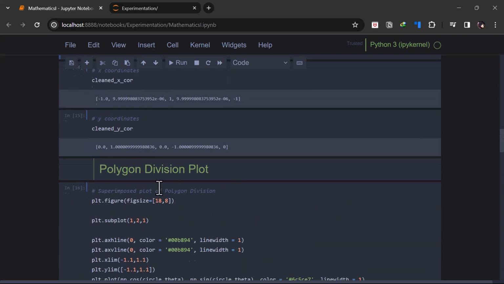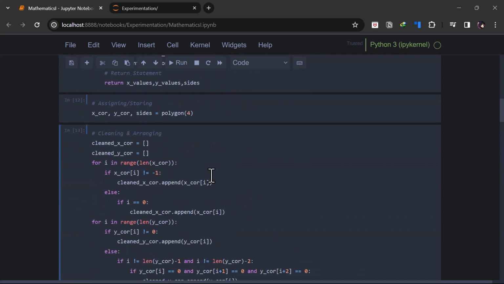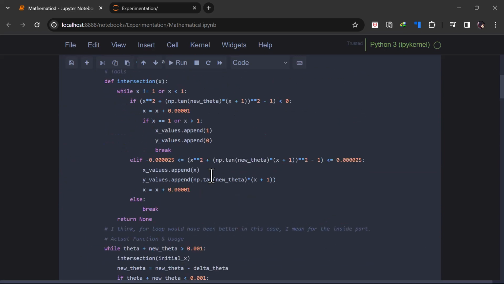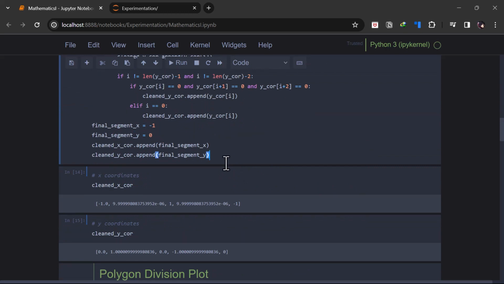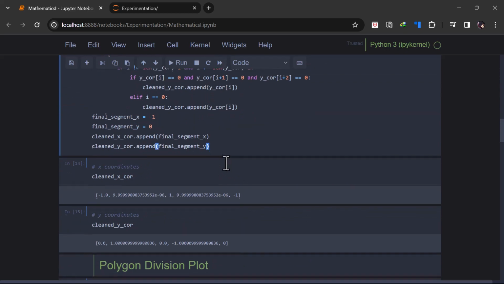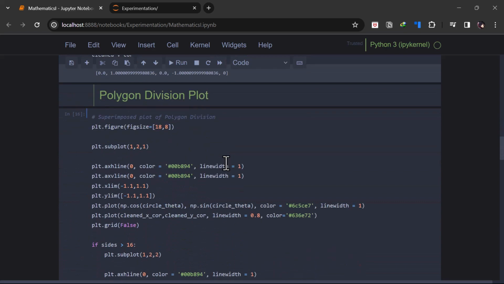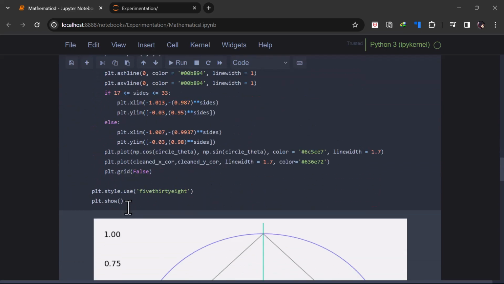If you know the basics of matplotlib, the thing that I wanted to focus on is the mathematics and the logic behind drawing a polygon inside a unit circle in Python and matplotlib.